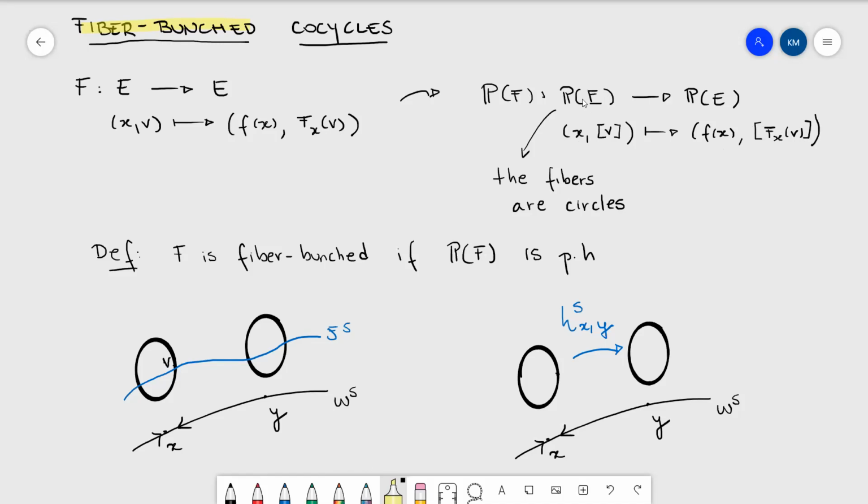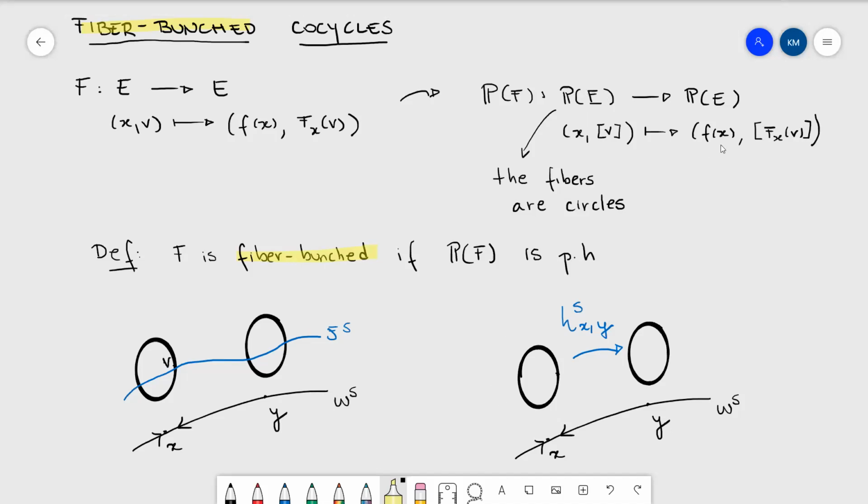So now this map is a fiber bundle by circles, and this map is acting in the fibers by diffeomorphisms given by this. And I'm going to say then that my linear cocycle is fiber bunched if this new map here is partially hyperbolic. So what does this mean?